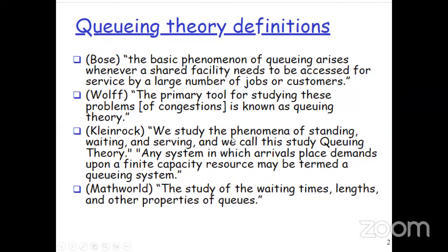Glenrock: we study the phenomena of standing, waiting, and serving, and we call this study queuing theory. Any system in which arrivals place demands upon a finite capacity resource may be termed a queuing system.